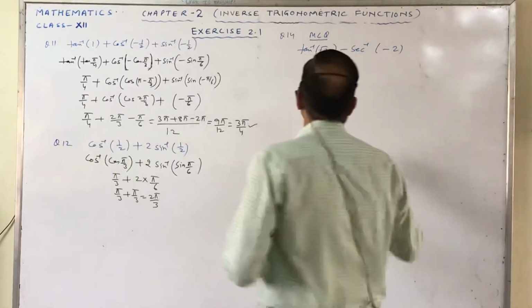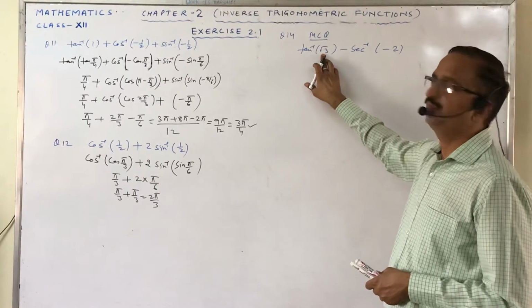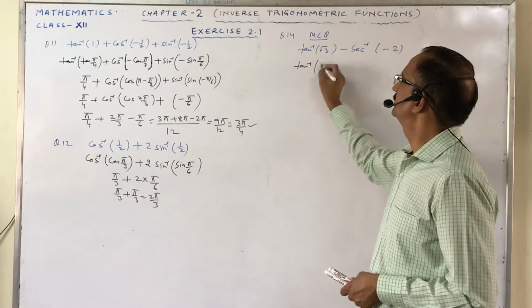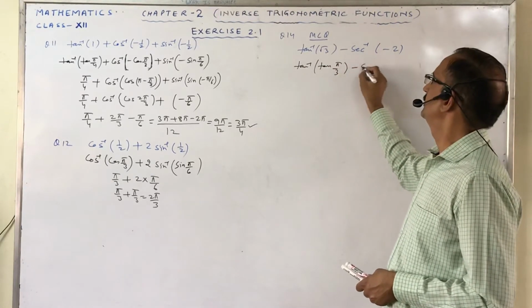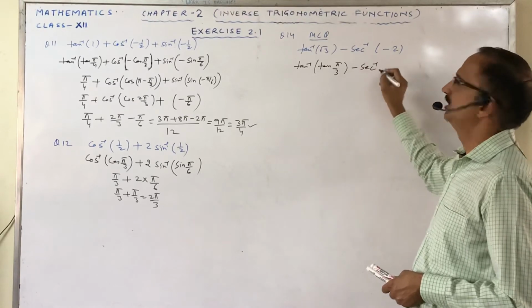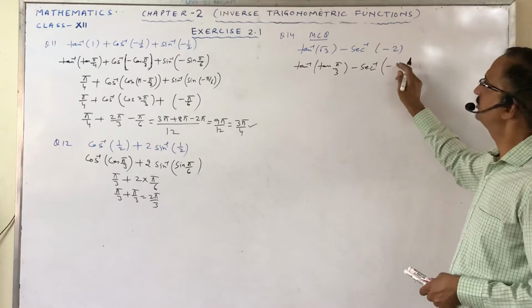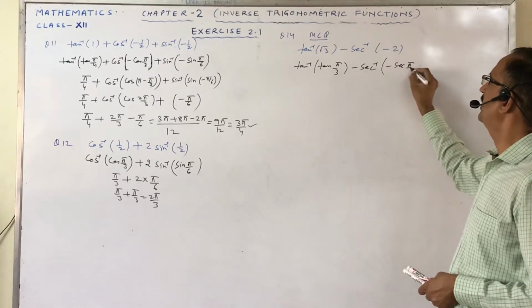So this is tan inverse. So we will write the value in the form of tan in place of root 3. So tan inverse tan pi by 3. This is sec inverse. Now this can be written as minus, in place of 2 we can write sec pi by 3.